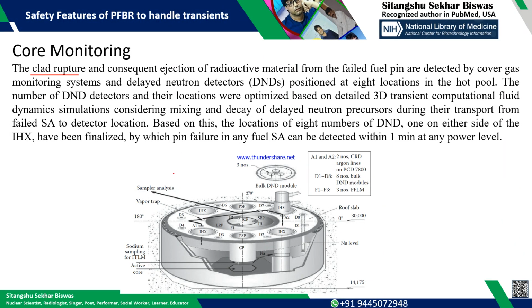For that, you see, this is A1 and A2. These are two argon sampling ports. Here you can see this one and this one. So the argon samples are taken to monitor whether there is a clad rupture or not.